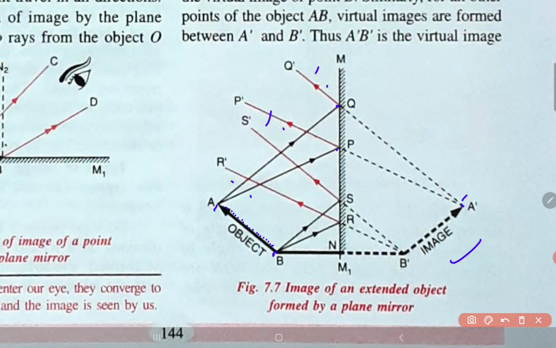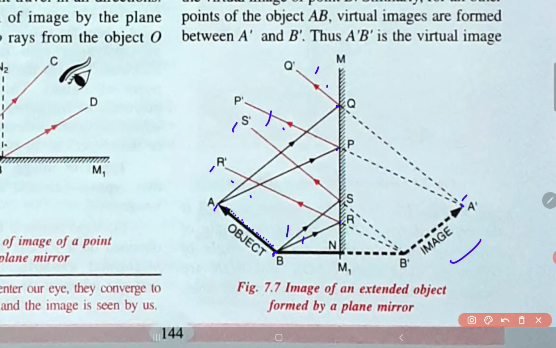Similarly, the other points will also do the same thing, but I have taken the last point here for simplicity. From here also two incident rays strike the mirror at S and R. Again they suffer reflection, obeying the laws of reflection, thus we have R dash and S dash as the reflected rays.